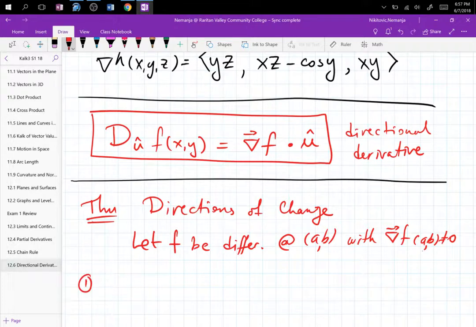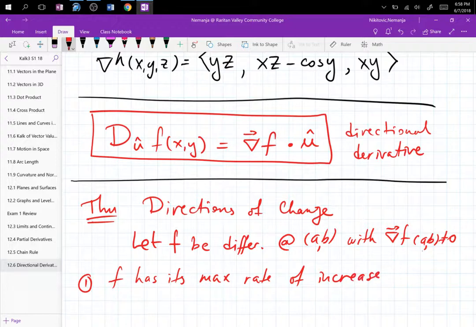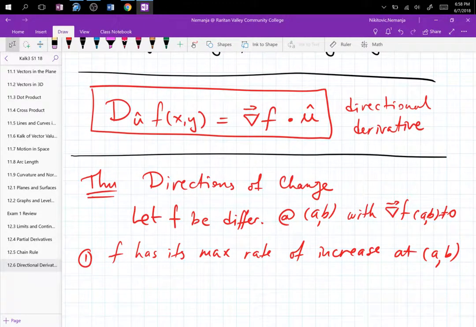Number 1. You can do a, b, c if you want to. So f has its maximum rate of increase at (a, b) in the direction of the gradient.